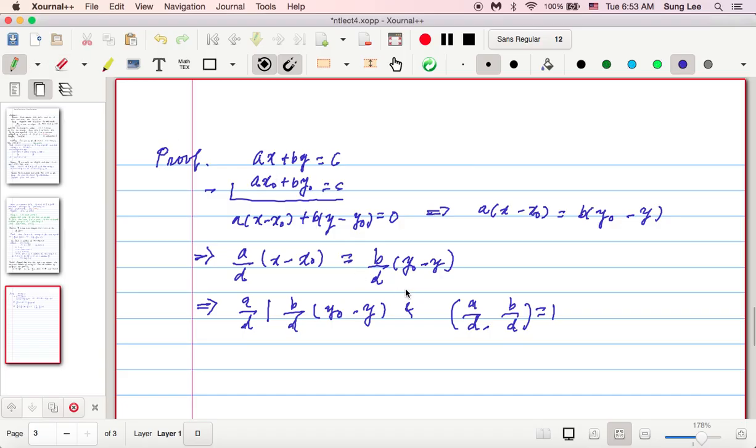Since these are relatively prime, that means a over d must divide y naught minus y.